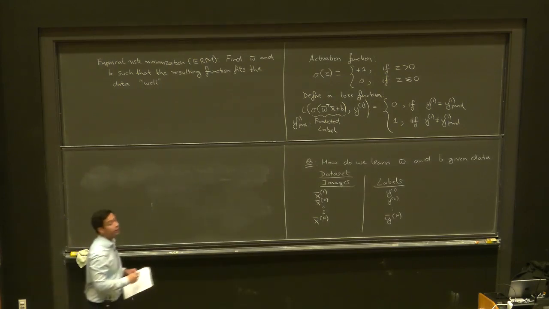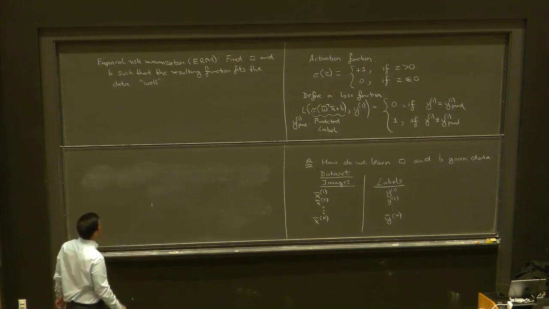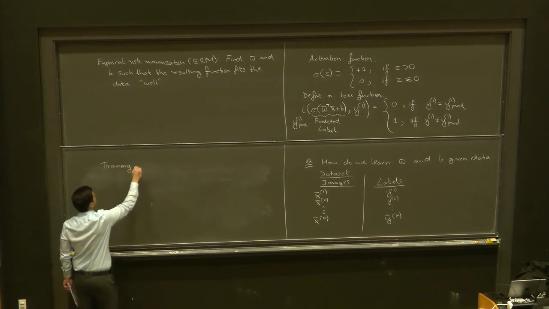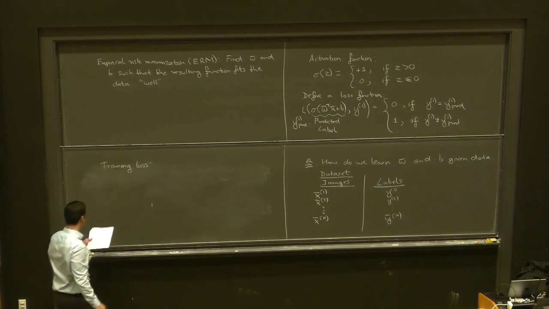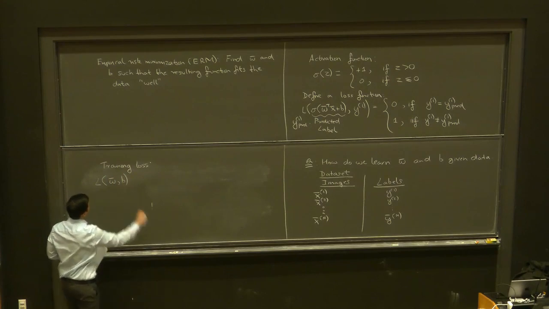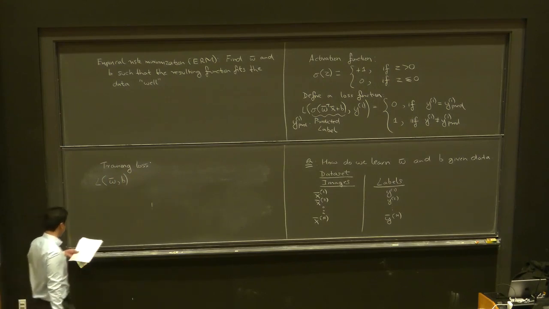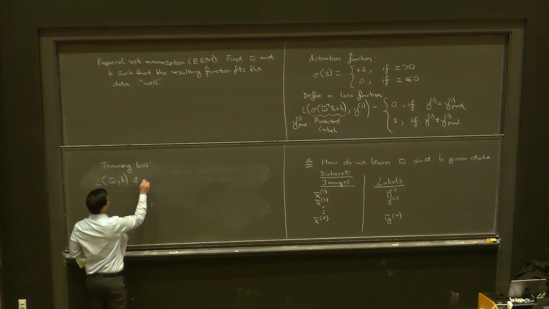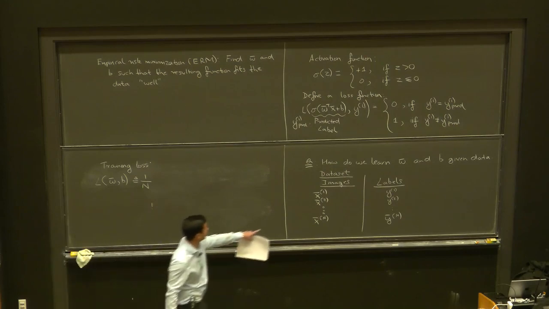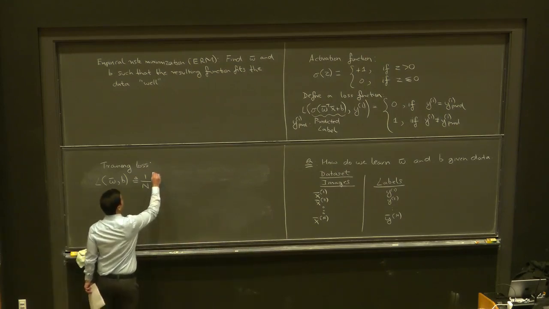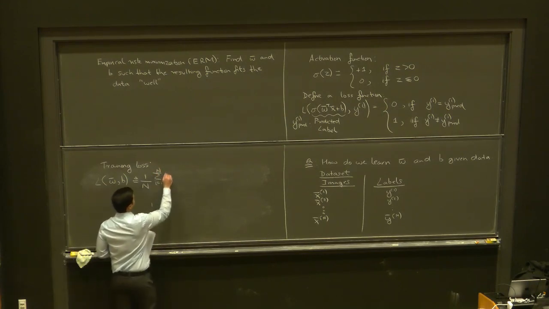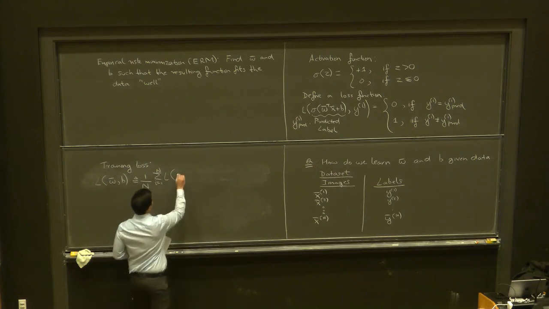So we can then sum over all the data in our data set and calculate the training loss. So we're going to call this capital L, which we can think of as a function of W and B. And I'm just going to define this to be the average. So n again is the number of images that we have in our data set. So it's the average loss on our training data set.